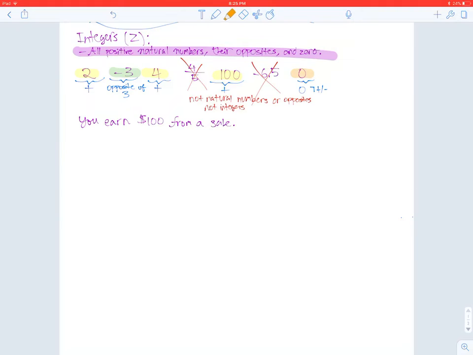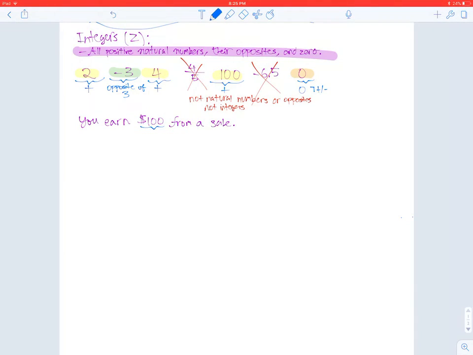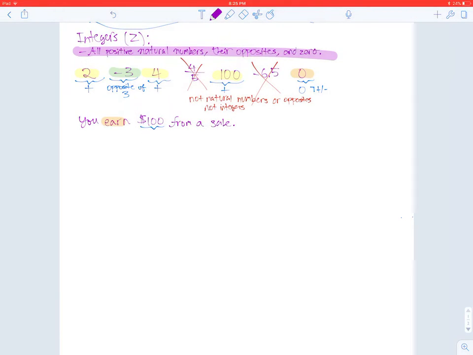Well, from the information we're given, we know that $100 is how much money you're given for it, and this is an increase. This is because it says you earn. If you earn something, then you know that you're accumulating wealth. So you're not losing money, but you're making money.